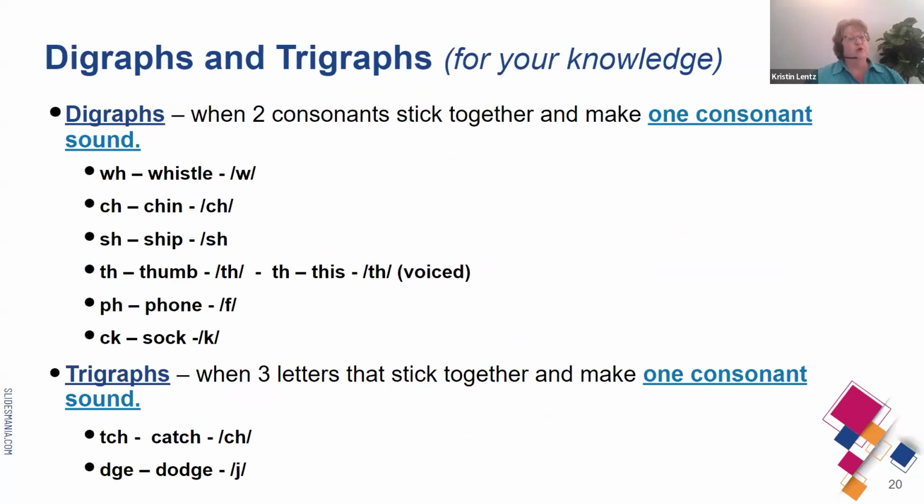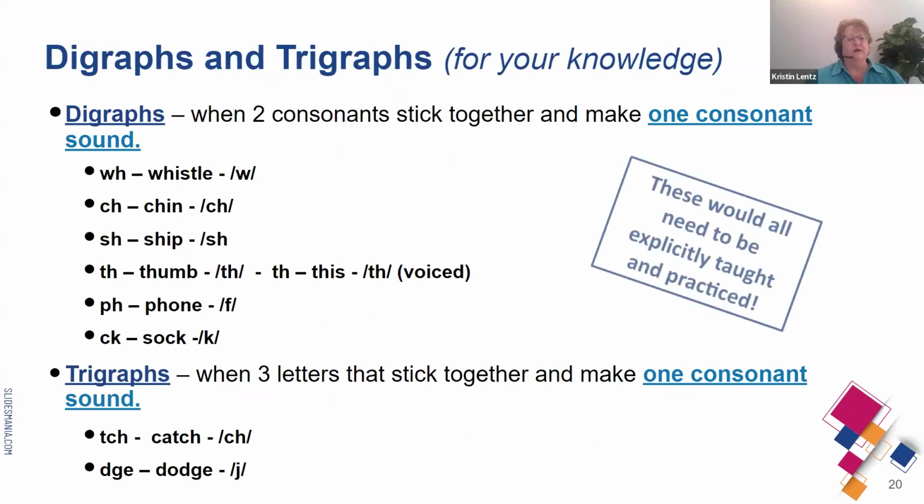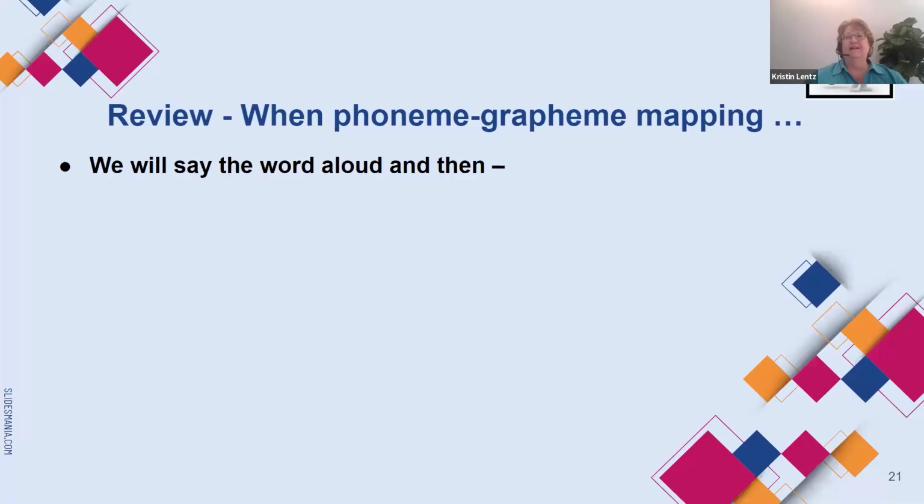And if you don't have background knowledge already of digraphs or trigraphs, you can refer back to this particular slide in the presentation. Now, I will remind you that all of these examples need to be explicitly taught and practiced. Again, for time reasons is why we're doing it more quickly.